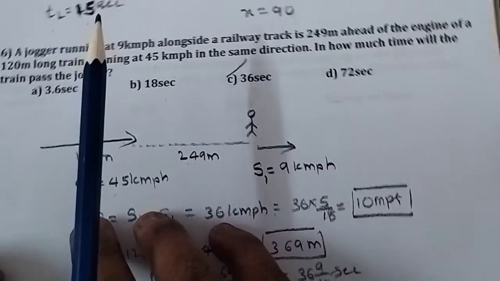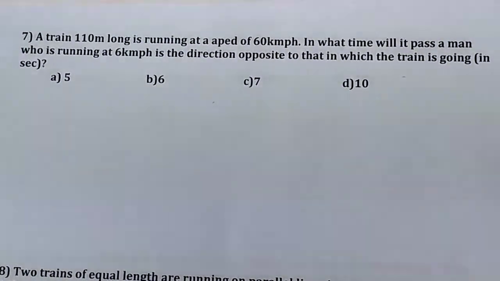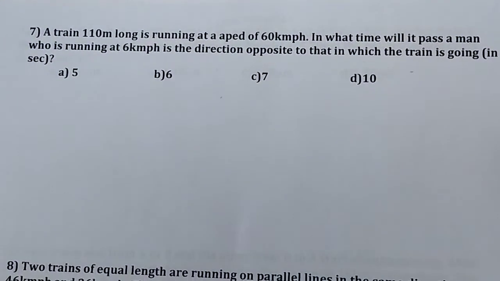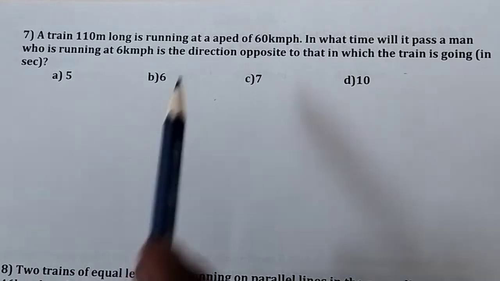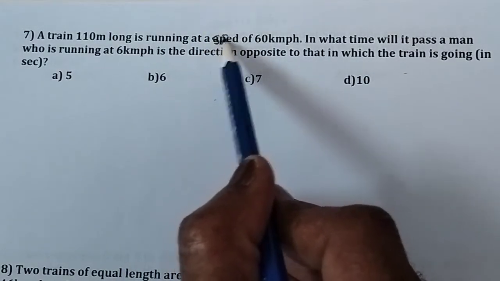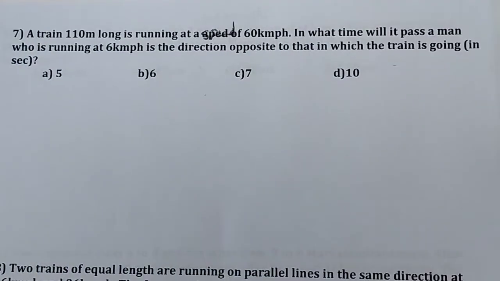Next question number 7. A train 110 meters long is running at a speed of 60 kilometers per hour.